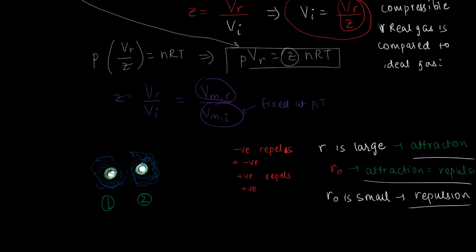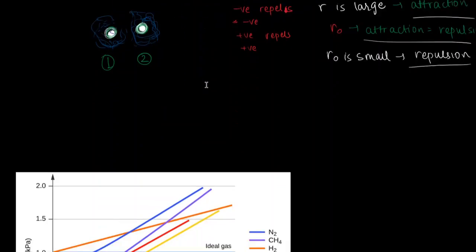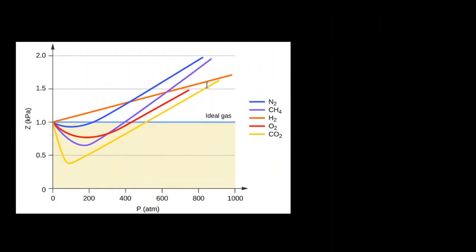Now, why did I do this? The reason for that is if you increase the pressure, while it's not a direct consequence, you can think that if you increase the pressure on a gaseous system, the distance between two gaseous particles will decrease. So eventually, if you started out with zero pressure, and I have a graph right here for some gases, so I have nitrogen, methane, hydrogen, oxygen, carbon dioxide.